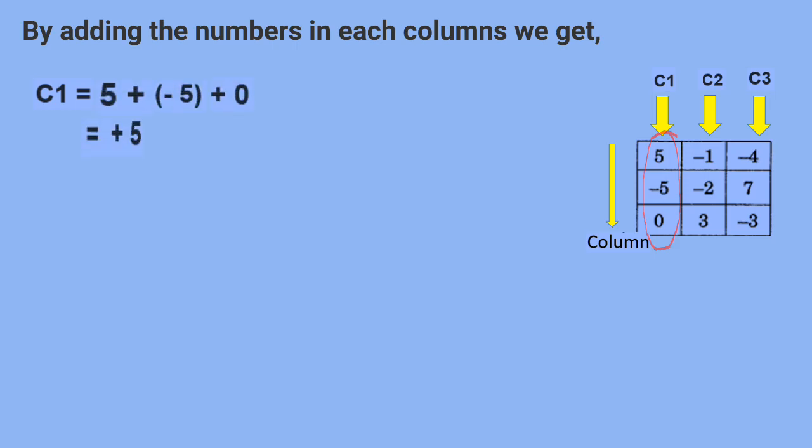The next line I am going to write integers without bracket. First I will take two integers. 5 minus 5 is 0 and this 0 is from the previous one. 0 plus 0 is 0. Here also I got 0 for column 1. Now I will do for column 2.